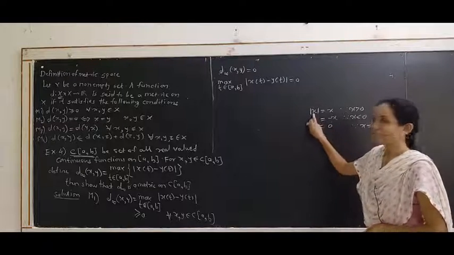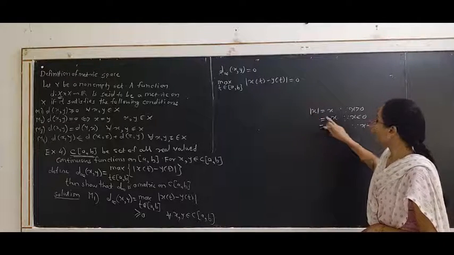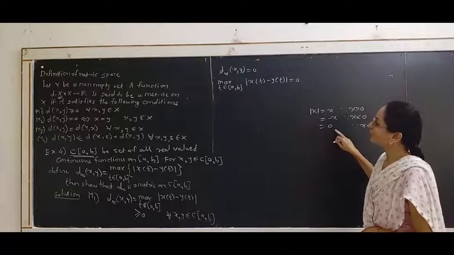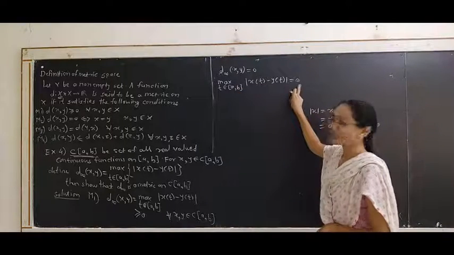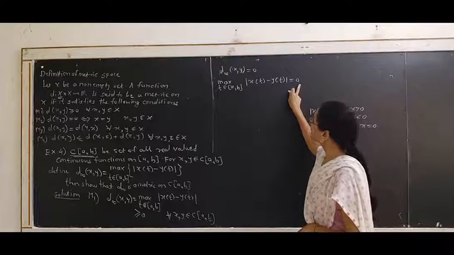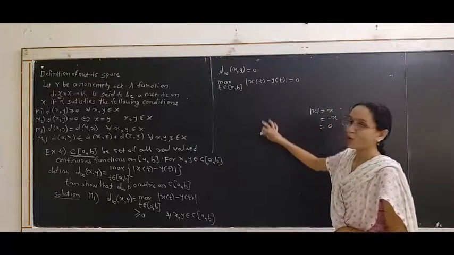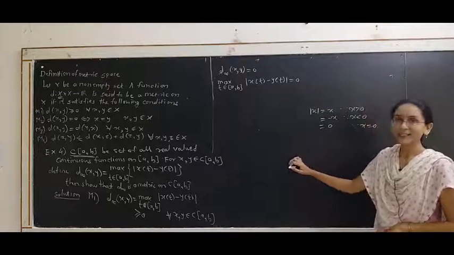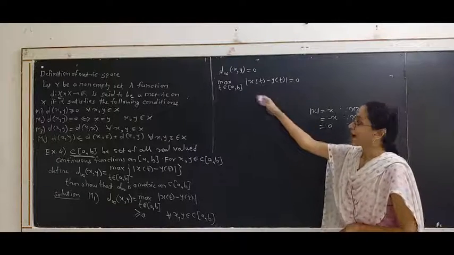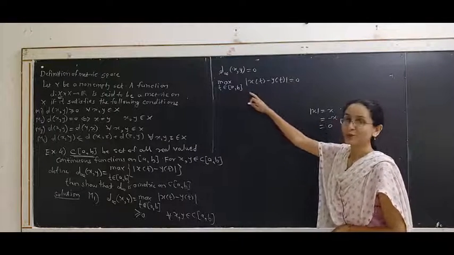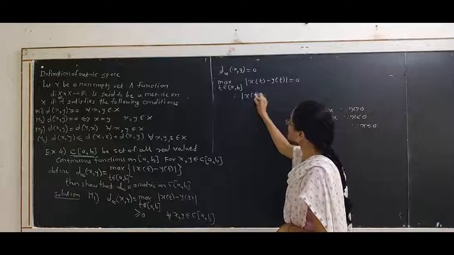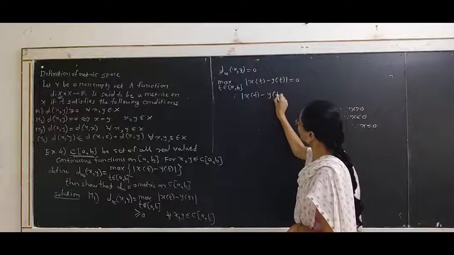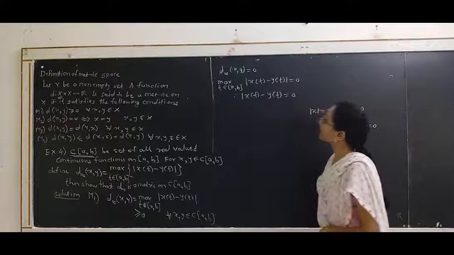This means the modulus of any number is greater than or equal to 0. Now the maximum of this modulus is equal to 0. Therefore, we must have each mod equal to 0. It cannot be negative, and we are taking the maximum for t belonging to [a,b]. Therefore, |x(t) minus y(t)| must equal 0.